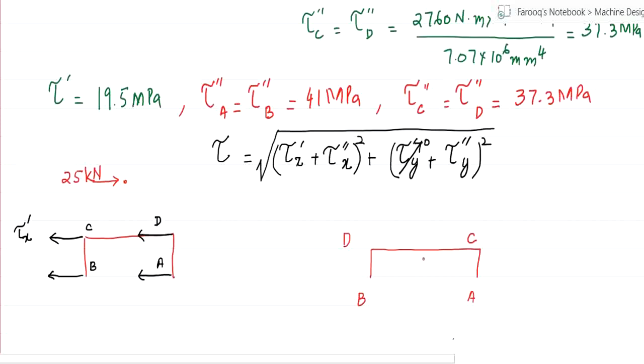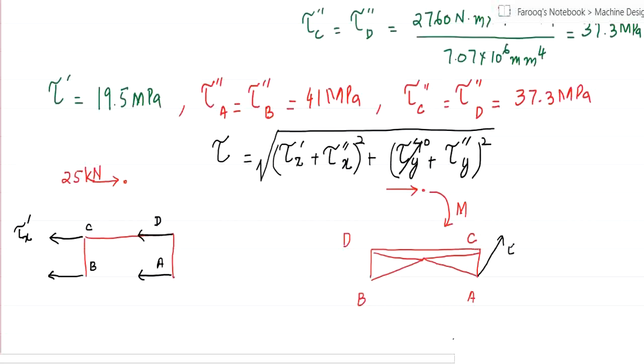And to find the orientation, we will also be needing RA, RB, RC and RD. We know that the applied load is trying to move RA, RB, RC and RD in clockwise direction. So the secondary shear stress will try to move this in counterclockwise direction.